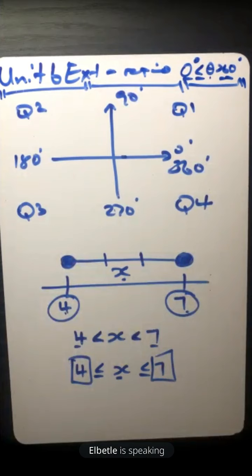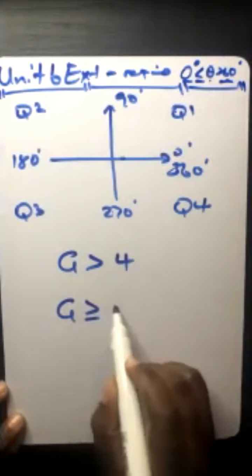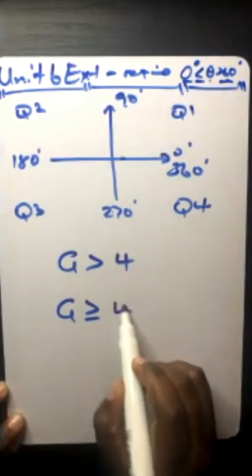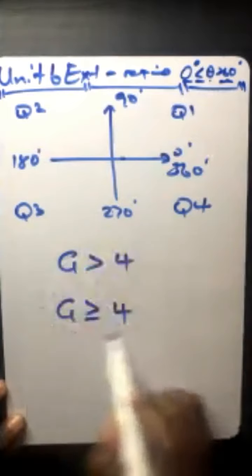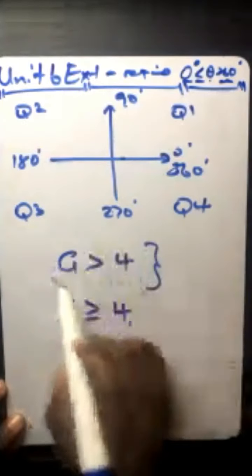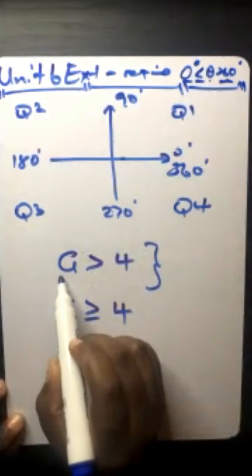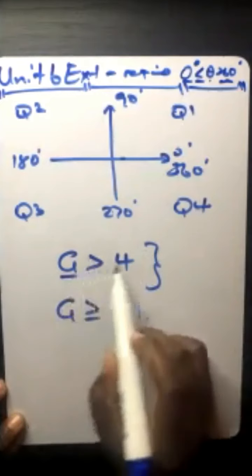Okay, yes, it makes sense now. When I said "more than", I wanted to say, if we say G is greater than 4, and again, if we say G is greater than or equal to 4, the difference between these two is that here we are saying girls are greater than 4.